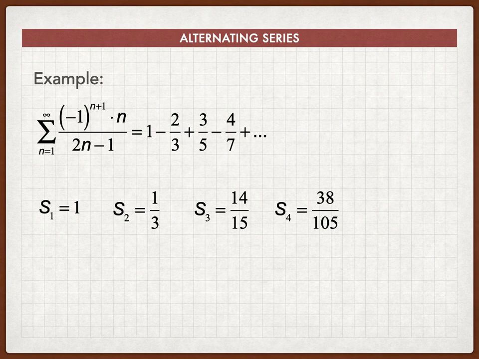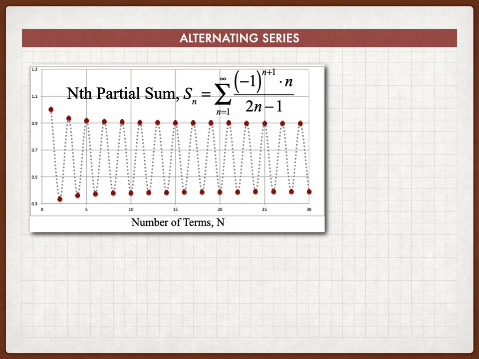I think a picture would help. Again, let's graph the first 30 partial sums. Uh-oh. It seems to be oscillating between two different numbers. One around 0.4 and the other 0.9. That's about 1/2 apart.